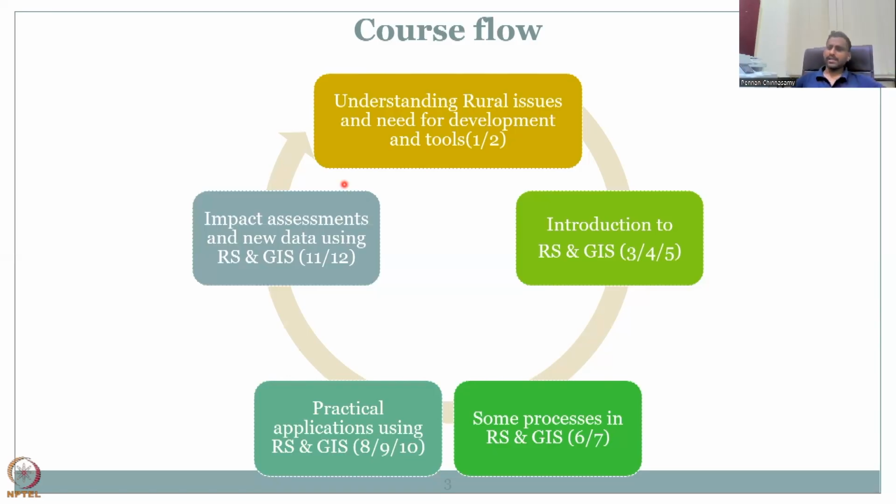So after we get practical experience in weeks 8, 9, and 10 specifically, we go to impact assessment and new data using remote sensing and GIS in weeks 11 and 12.